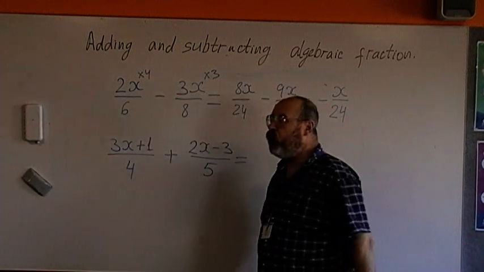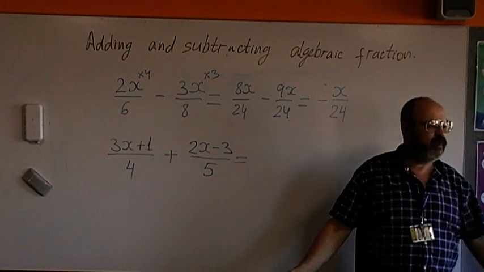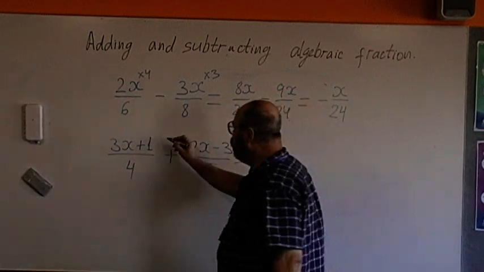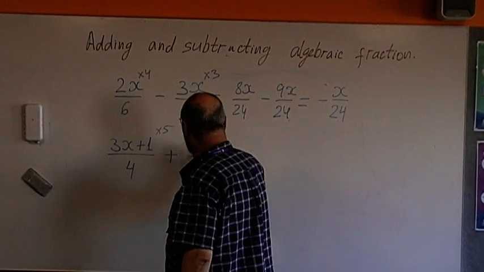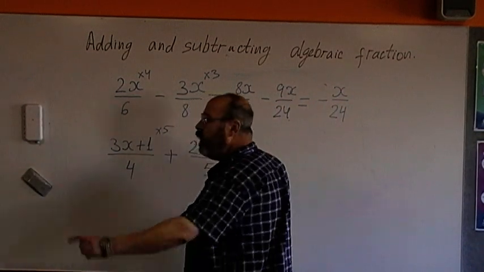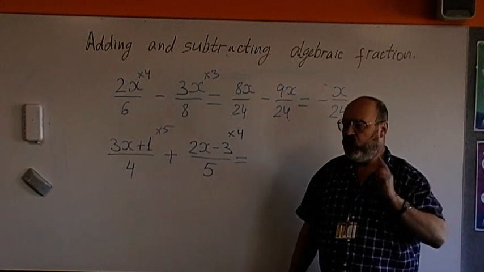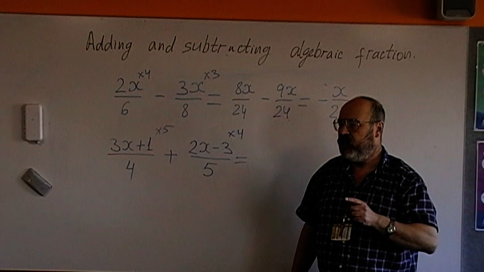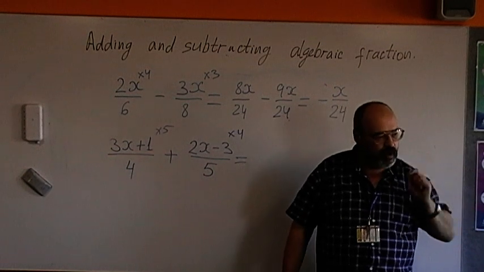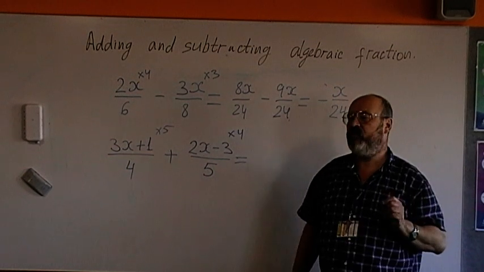What is the common denominator? 20. So we times the first fraction by 5, the second by 4. Now, very important thing: if you do not do this step by step, you will have good chances to make a silly mistake.